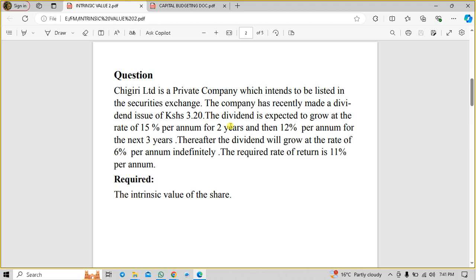Can anyone tell us the current market price for Safaricom shares? Or do you have people who trade in terms of buying shares and selling shares? In a financial management class, it is important that you know these things.